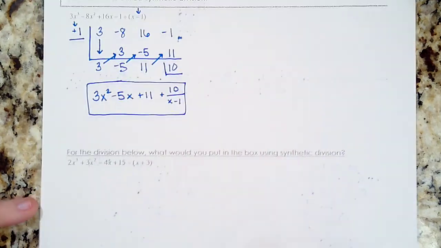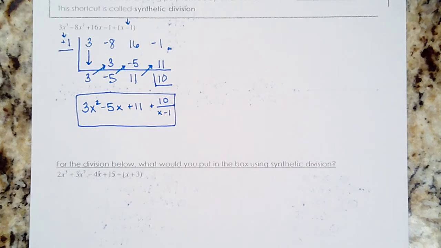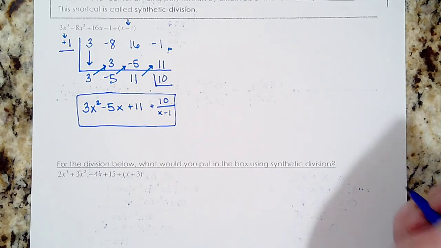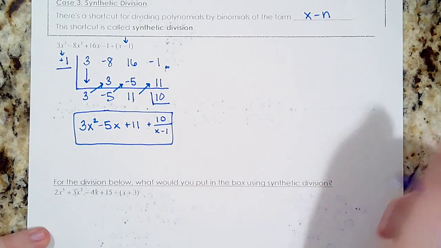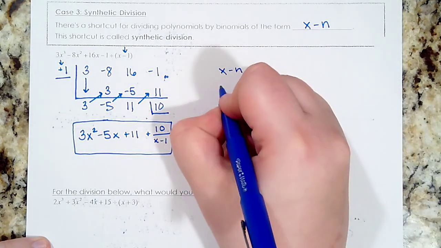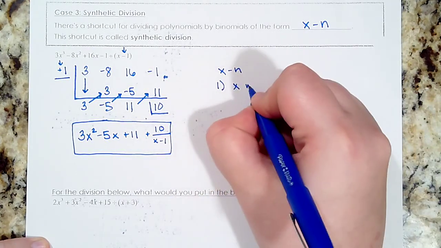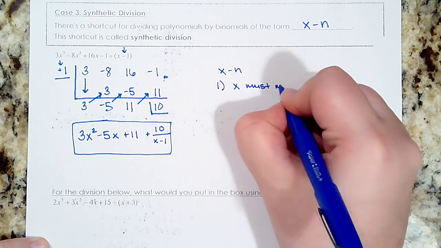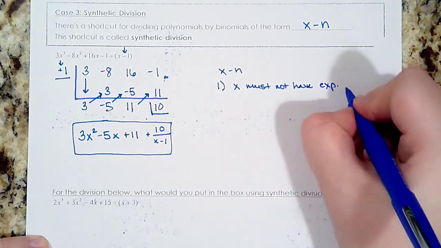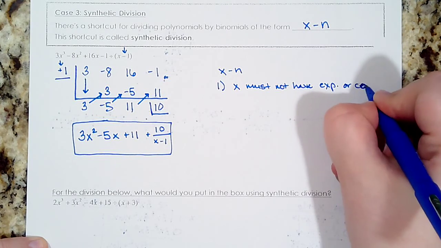I know this seems absolutely crazy, or like I have no idea how you did that. It's okay. We're going to see another one. However, the biggest things that you have to realize when you're doing synthetic division are this. When you have the form x minus n, first, your x must not have exponents or coefficients.